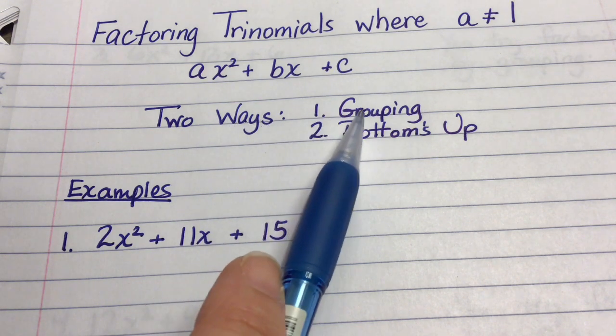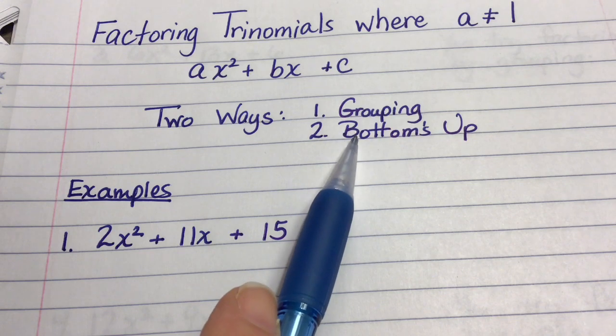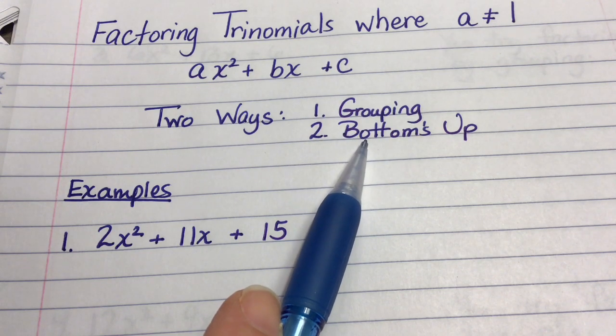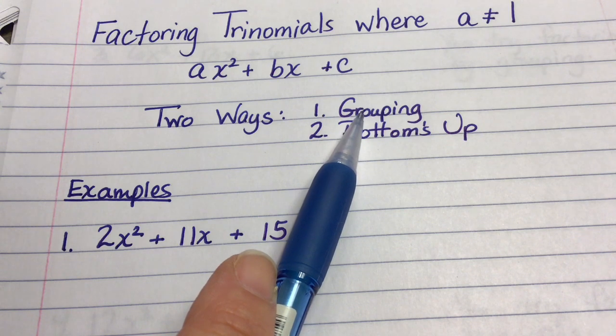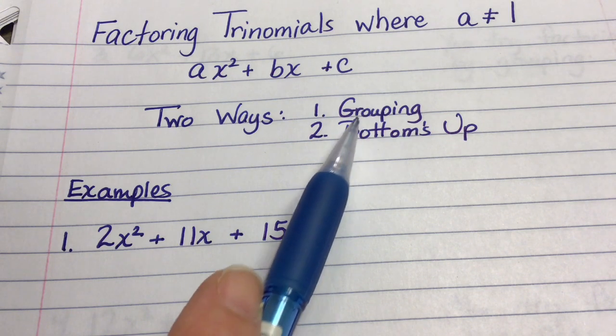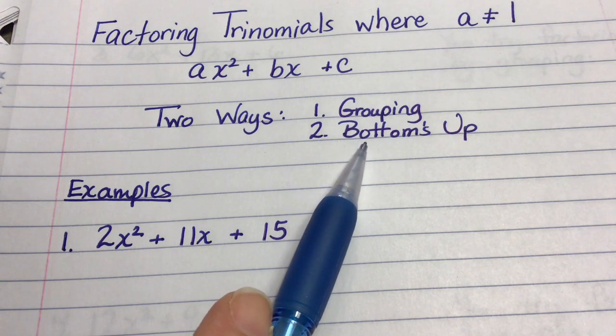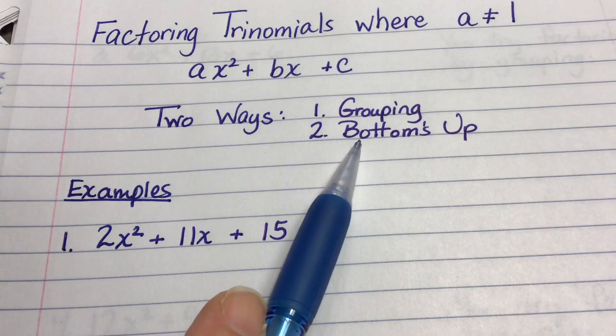Okay, so there are many ways to factor trinomials, but the two ways I'm going to focus on are grouping and an algorithm that's called bottoms up. Most other instructors that I've spoken with prefer the grouping method because it's really the most mathematical. The bottoms up method works if you remember to do it correctly.